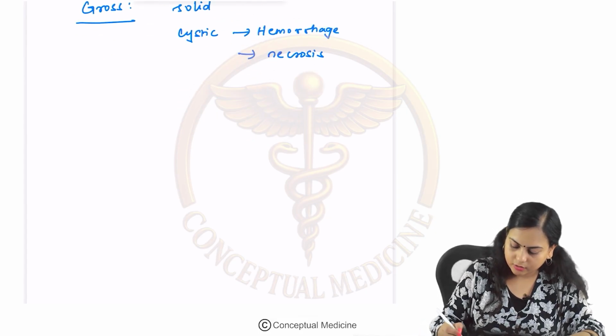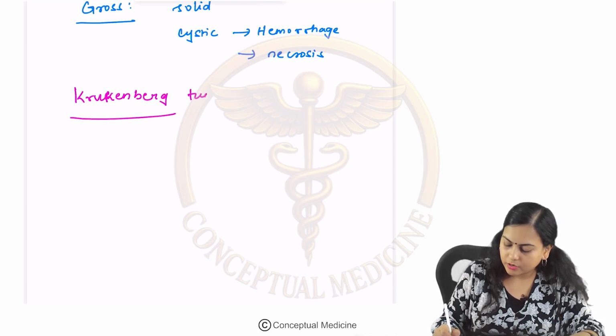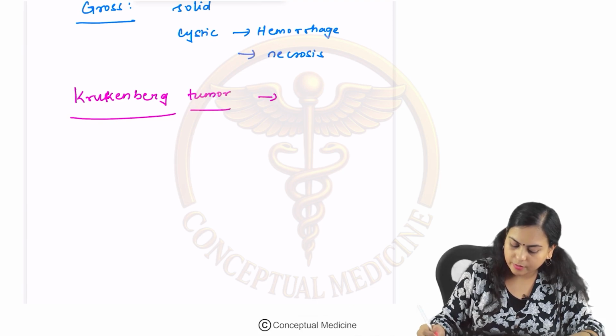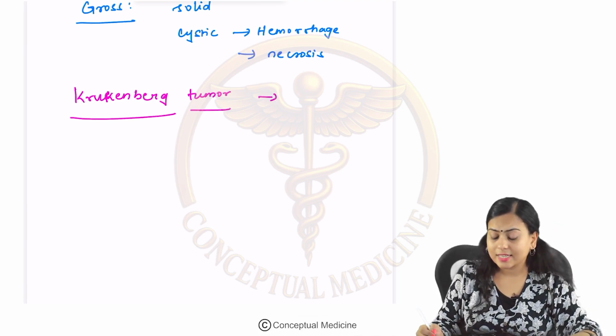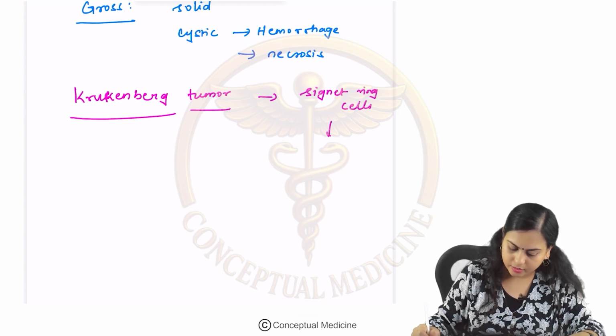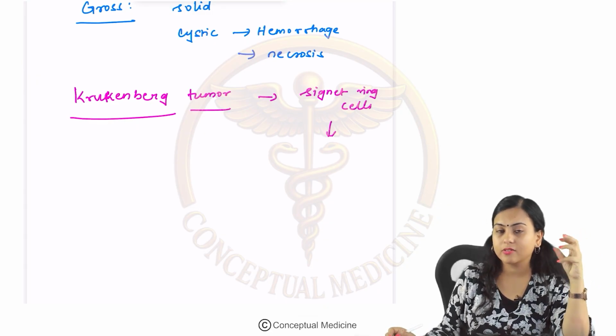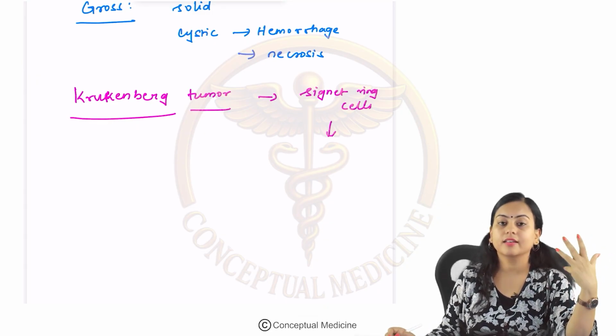The term Krukenberg tumor should be reserved for metastasis that contains a significant number of signet ring cells in a cellular stroma that is derived from the ovarian stroma. Signet ring cells are vacuolated clear cells.